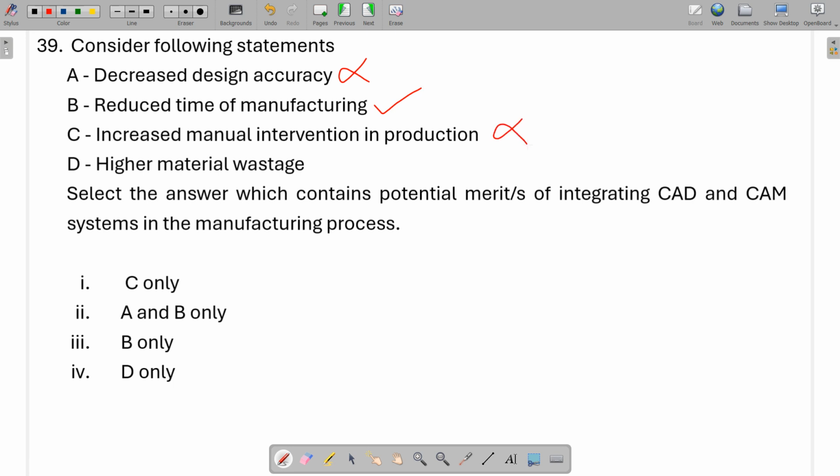Higher material wastage, no. Again, it's not going to have higher material wastage when it is computerized. It will always try to minimize the wastage. So material wastage will be lower, not higher. In that case, only statement B is correct. So you have to go with the third answer, B only.